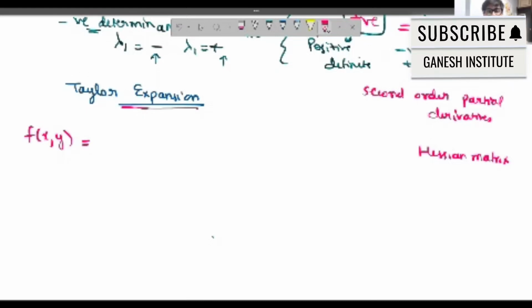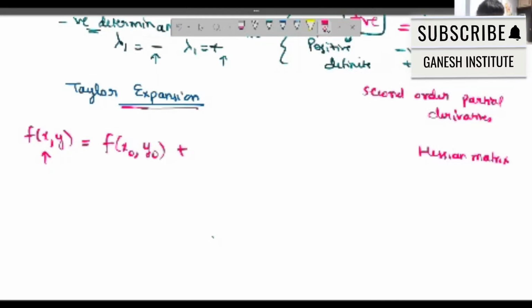Okay. Now, we want to expand this function f(x, y). As usual in Taylor expansion, we initially have what? The constant, the value of the function f at the point.